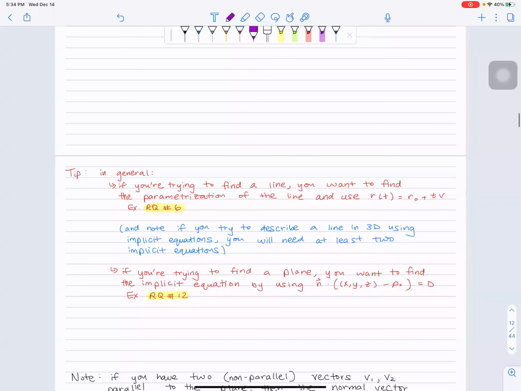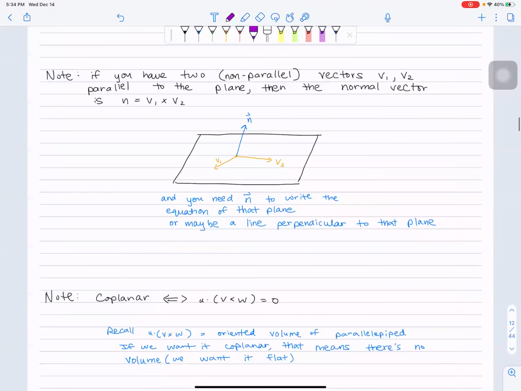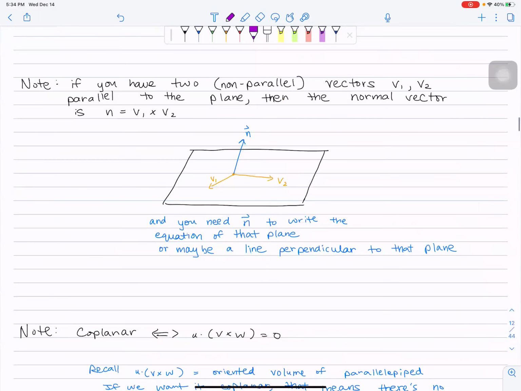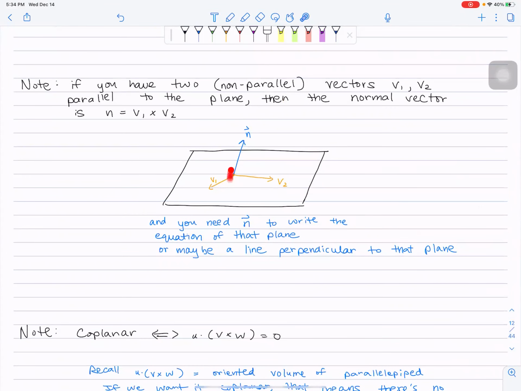So let's do an example. How do we find this normal vector? Sometimes they tell you, oh, the normal vector of this plane is this. But other times if they don't tell you, you have to find it. So how do you find a normal vector? Well, we can take two non-parallel vectors that live on my plane.